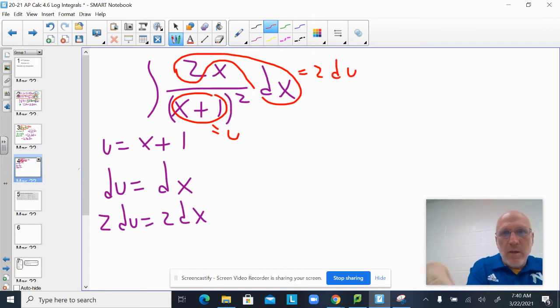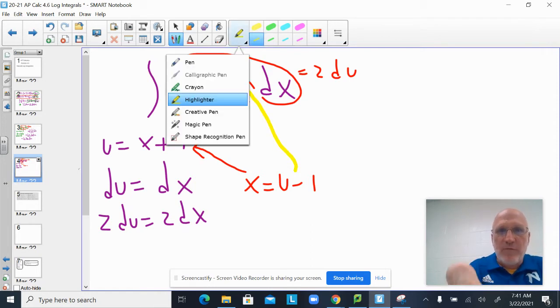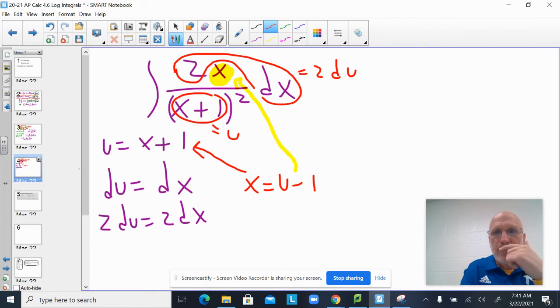But now you'll notice I have this. I'm going to run out of space here. I have this x that I have to still substitute for. So I need to solve this for x. That will be what? x equals u minus 1. I don't have room to draw it, but that is going to go in for that x. So you've got to be careful rewriting this thing in terms of x.